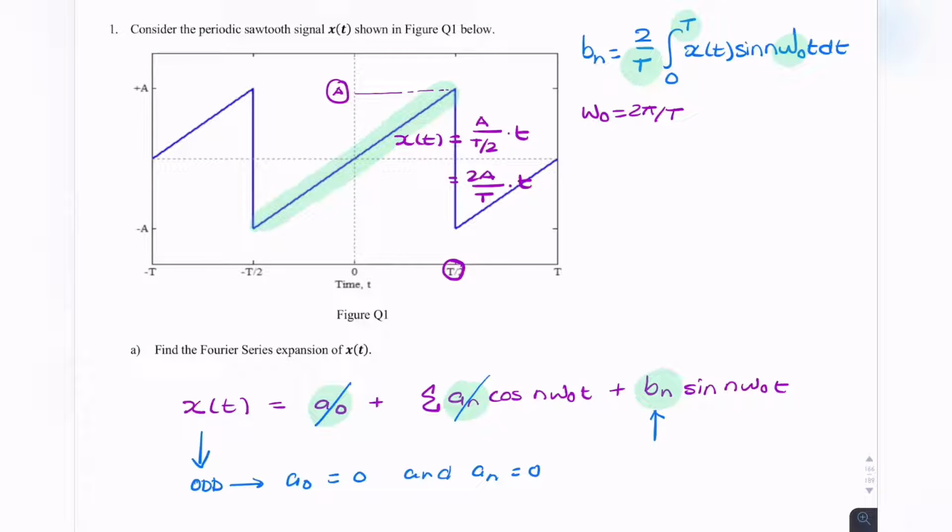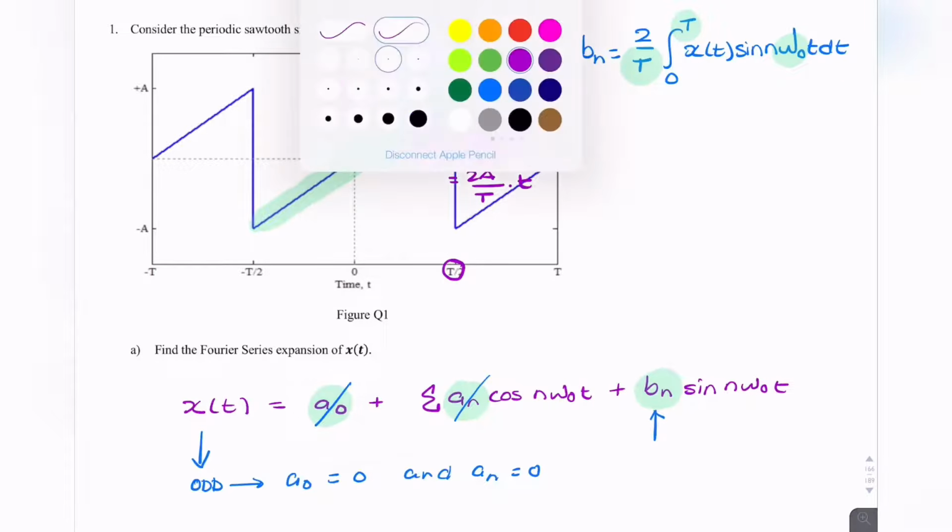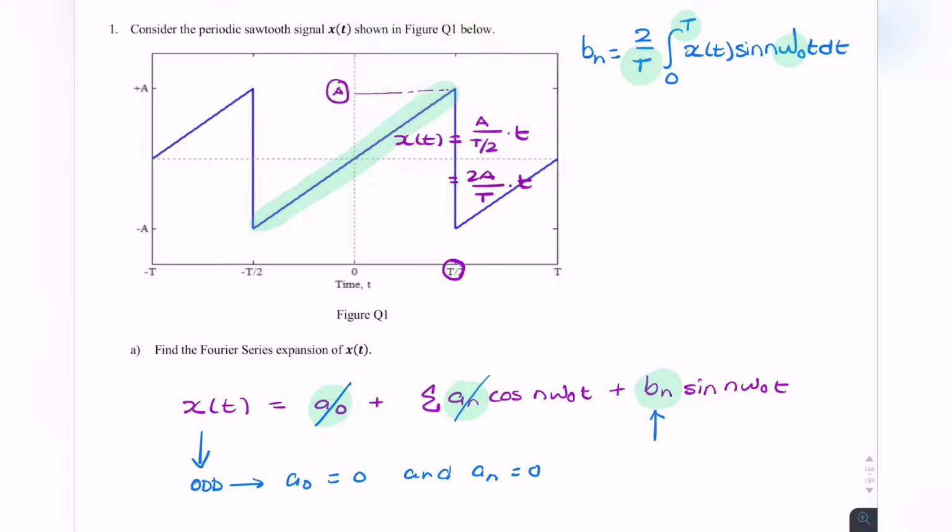Now we can write bn, and instead of integrating from 0 to T, we could integrate from minus T over 2 to T over 2. That will make it an easier integration.